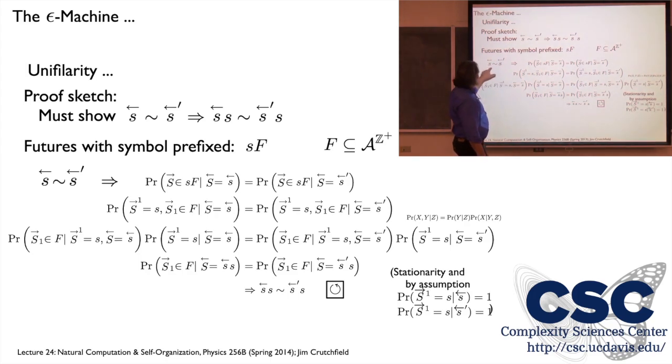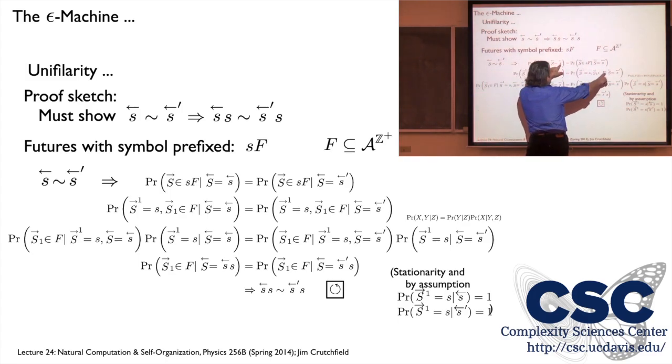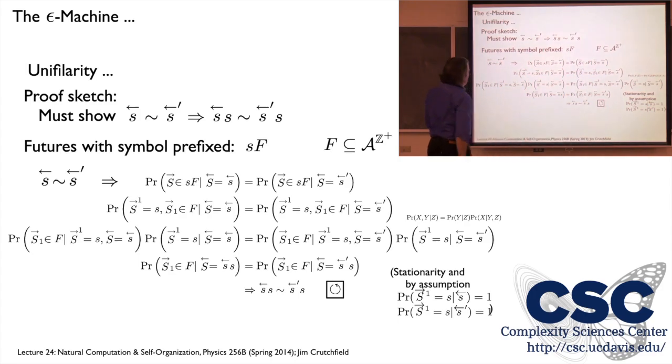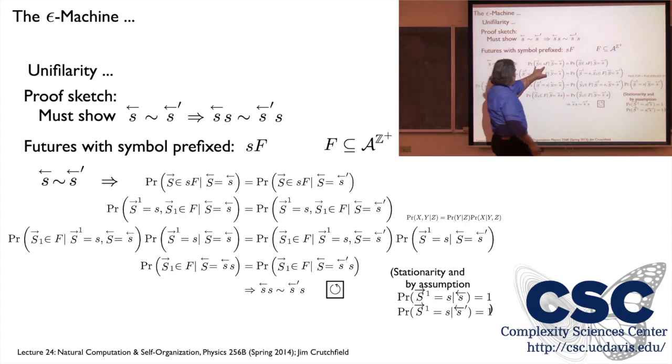So what's the consequence of assuming that we start here with two histories that are in the same equivalence class? Well, I'm just going to rewrite the causal equivalence relation. What that says is that based on little s and s prime, I look to the future and their distributions are the same. This is a joint distribution over next symbol, next symbol, next symbol, thought of as independent random variables.